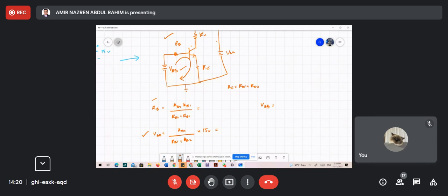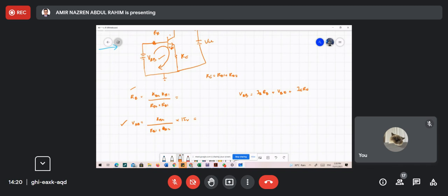So the voltage load here is IB RB plus VBE, plus IE RE, because it has a value that is not common, so we need to take the value of IE RE.